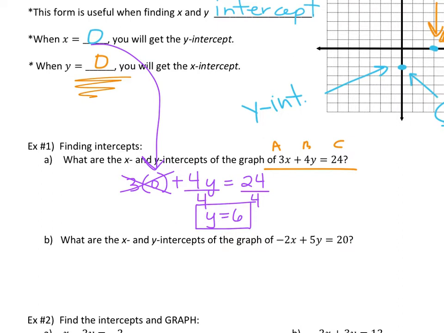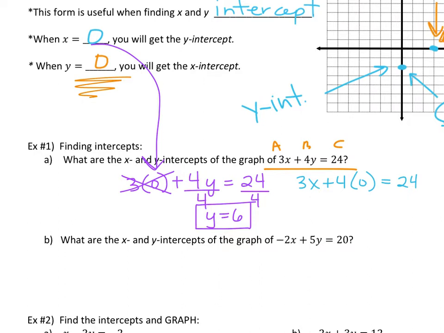I do the same thing for my x. If I plug in for my x-intercept, that means I'm plugging 0 in for what? My x or my y? My y, okay? So if I do that, 3x plus 4 times 0 equals 24 is going to give me my x-intercept.